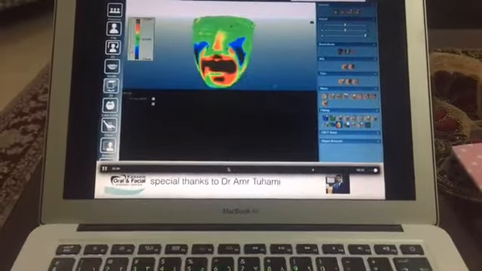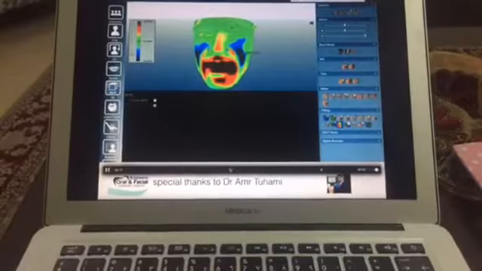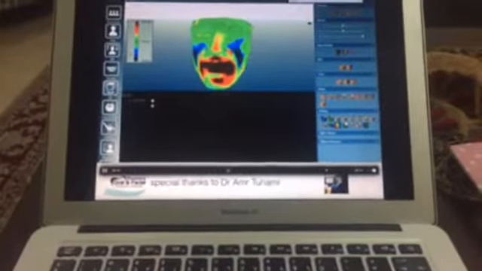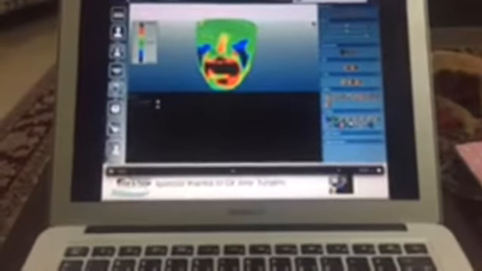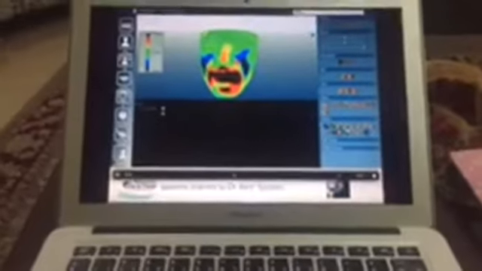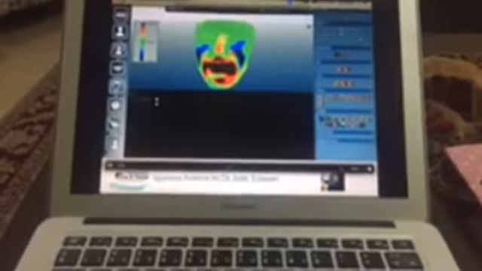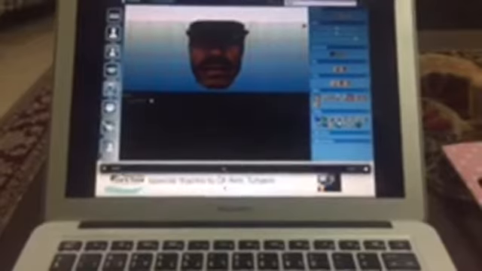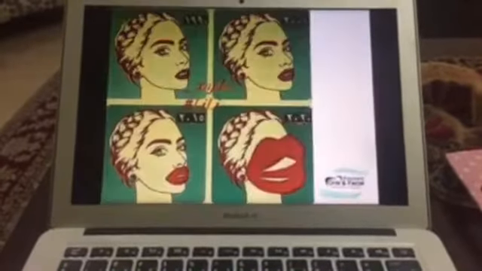We can measure it exactly up to 0.0 millimeters. So this provides us with highly evidence-based work. After we finish this planning, it's extremely easy to do our work. And this is after, we were able to restore the nasolabial fold and make our patient happy.